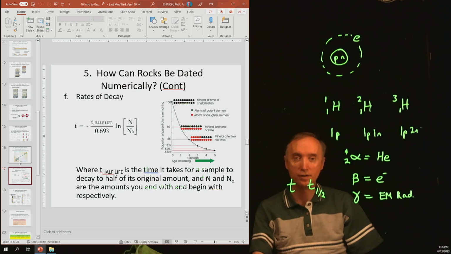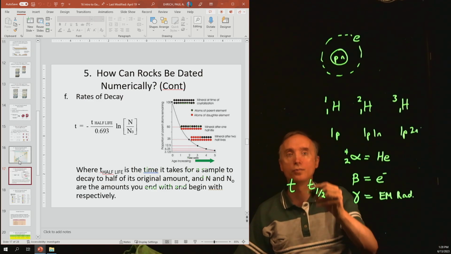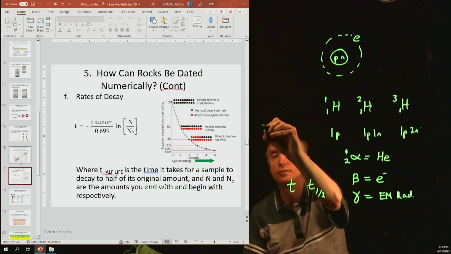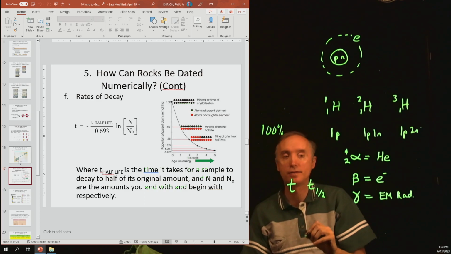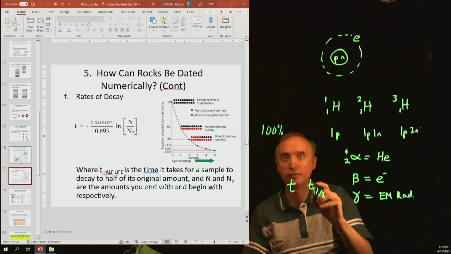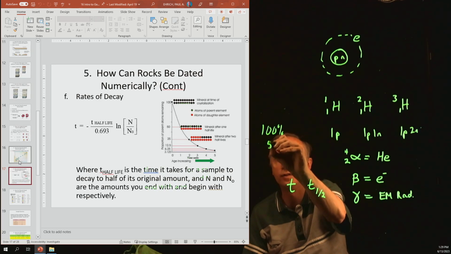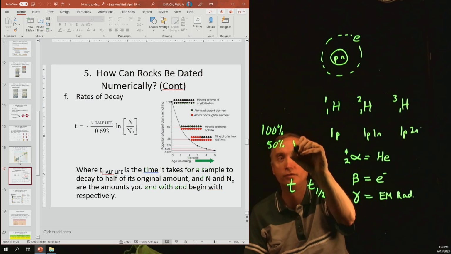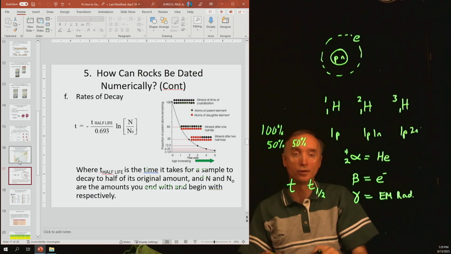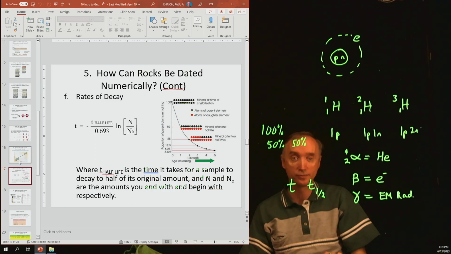So let's go back to here, and let's pretend that we start off with 100% of something. Then at the end of one half-life, only 50% of that original material will be there. So that means that 50% of it will have turned into some other radioactive substance.